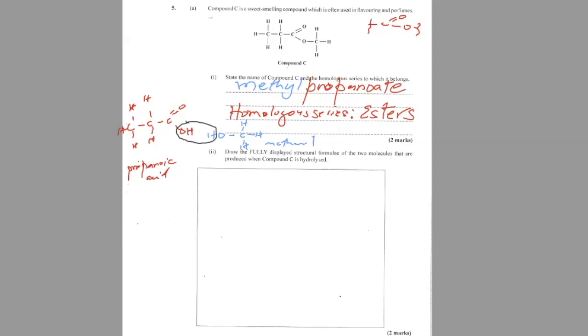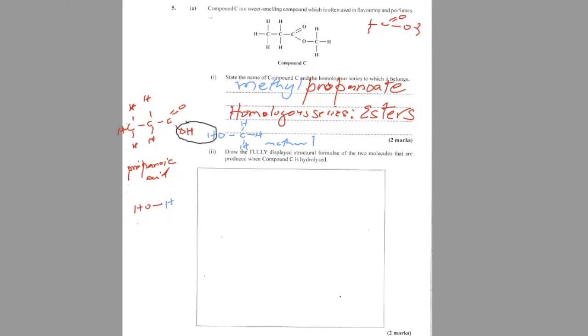When that happens, water will be eliminated. So this is what we'll actually have. We're keeping the color consistent so we can see where everything is coming from. So this is still H2O, we're just writing it in a different way. We can see that the H came from the methanol and the OH came from the acid.